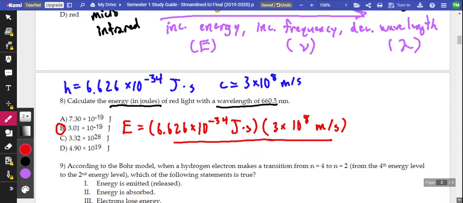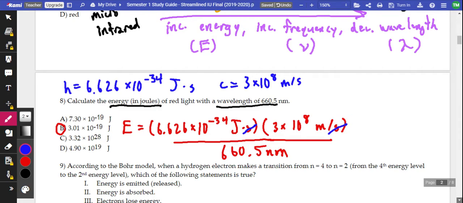So this is going to be my wavelength, which is 660.5 nanometers, and that is not going to work out in the long run. Let me show you why. If I go to cancel my units here, I've got joule seconds, so seconds is being multiplied, and over my speed of light it's being divided, so on top and on bottom those seconds cancel and go away.